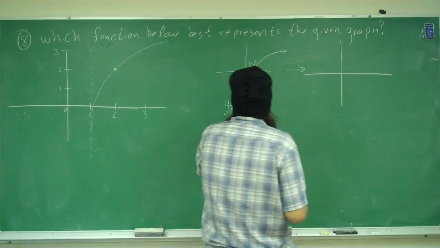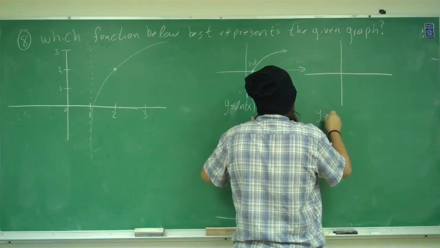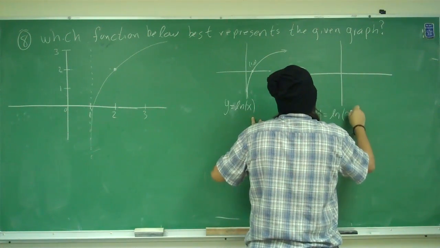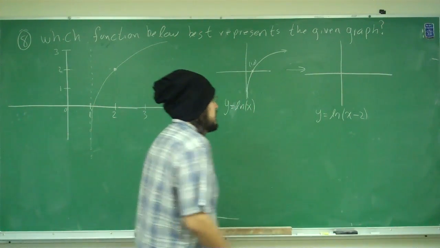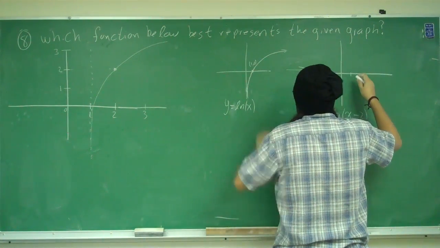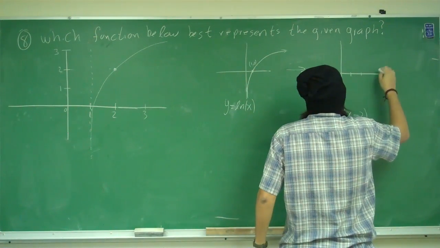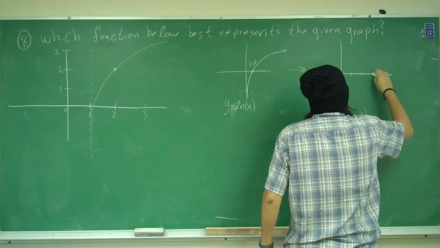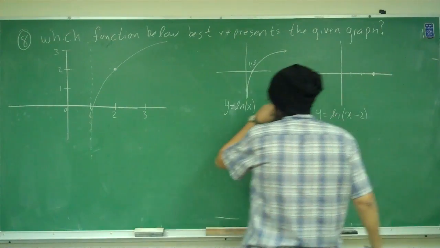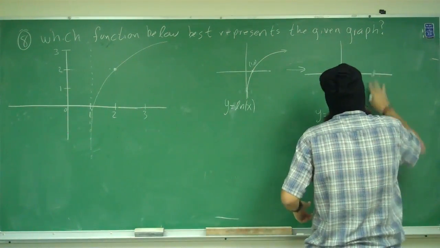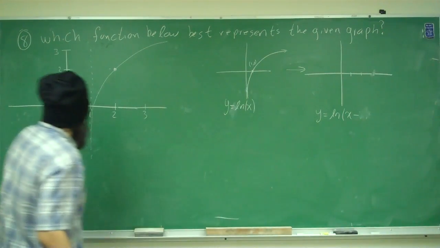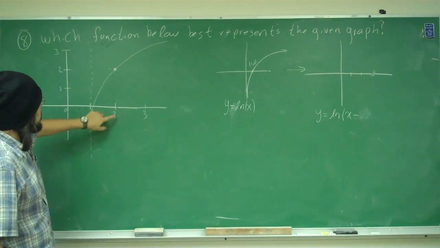So if I do that, I then have y equals ln of x minus 2. Okay, so that means we have a point here, we moved it 2, so here's 2, here's 3. Sorry, I want to move it 1. I want to move this from here, it's 1. We want to move it 1 unit to get here.